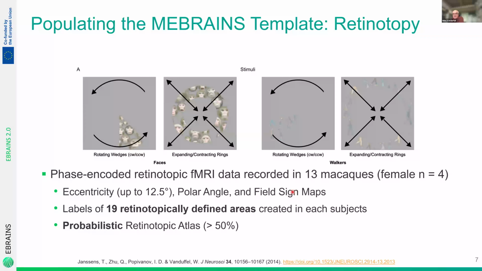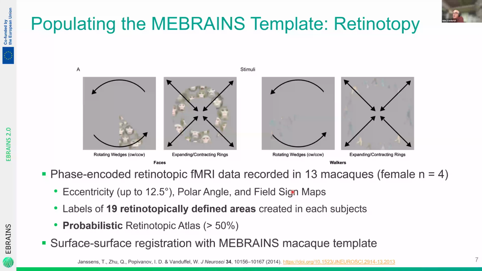So all the monkeys did the same experiment, all the data were analyzed in the same way, and then you combine this data, and the beauty of EBRAINS is that you can project that into MEBRAINS. We did that by registering surface-to-surface information from the individual surfaces of the subjects to the surface of the MEBRAINS, which I showed in one of the previous slides.